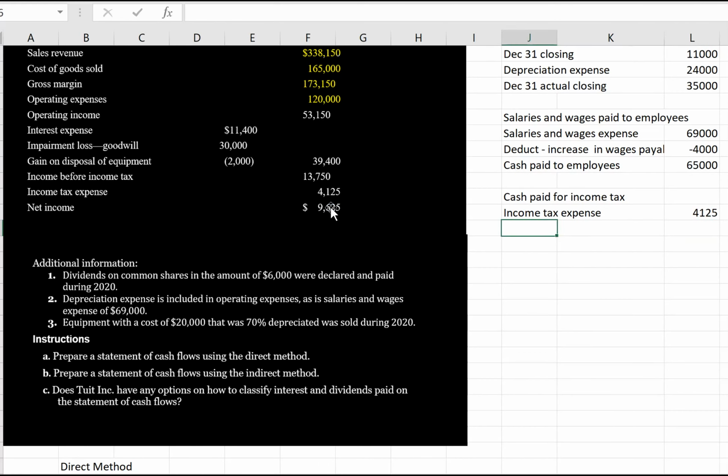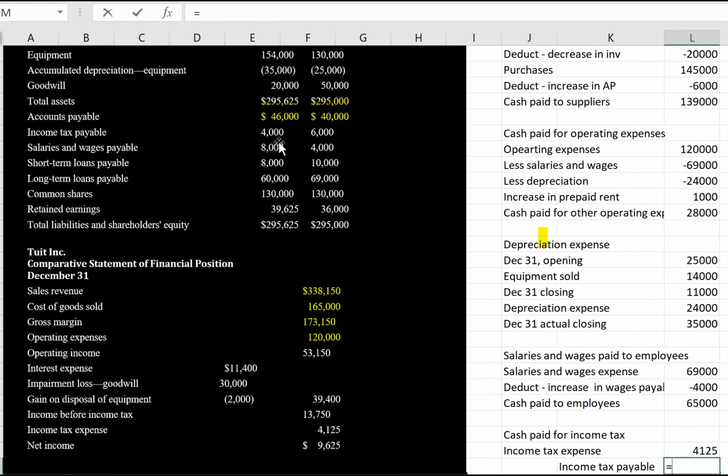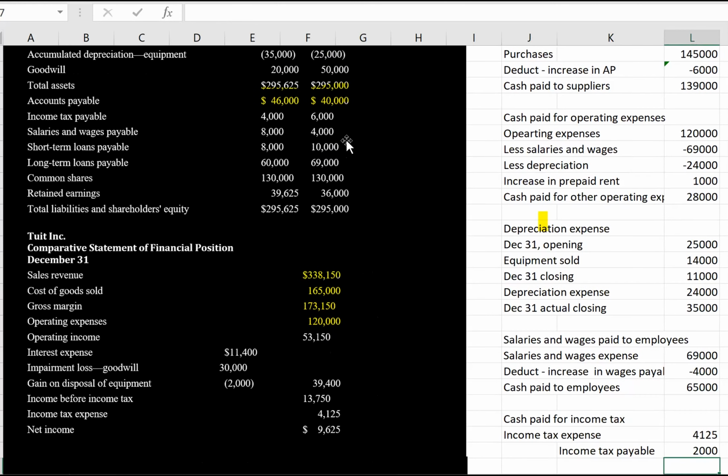Next, we're going to see what happened with our income tax payable. Let's take a look up at our statement of financial position. It was 6,000 and now it is 4,000, so it went down by 2,000.